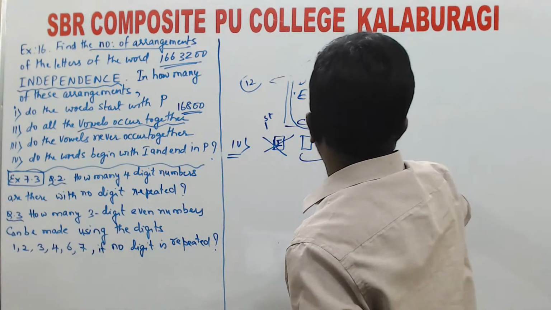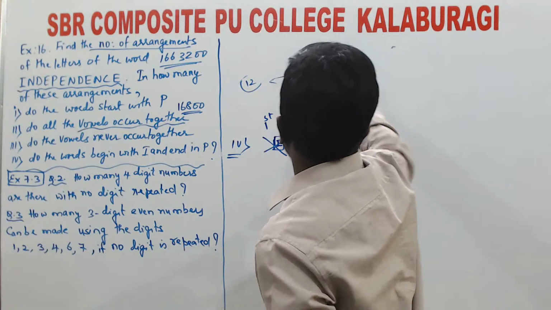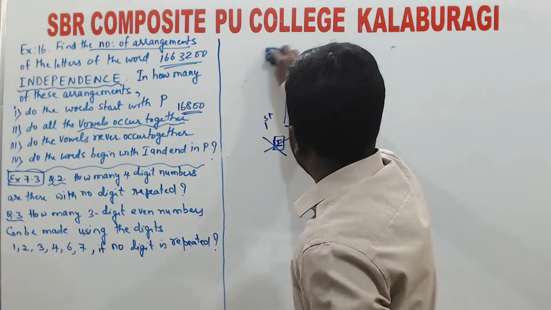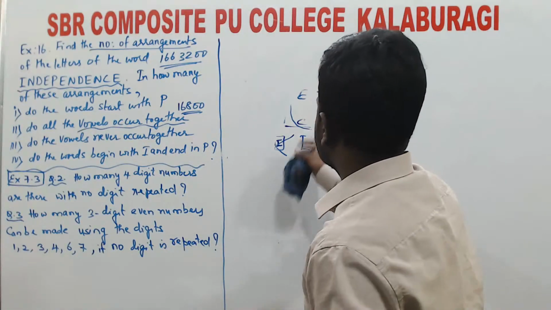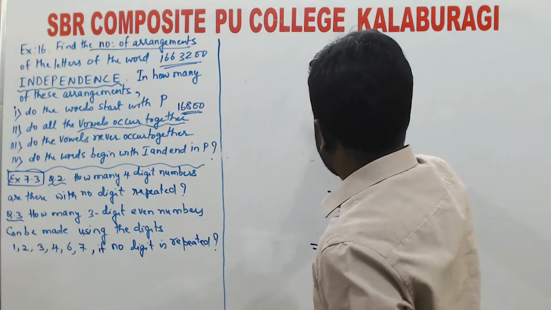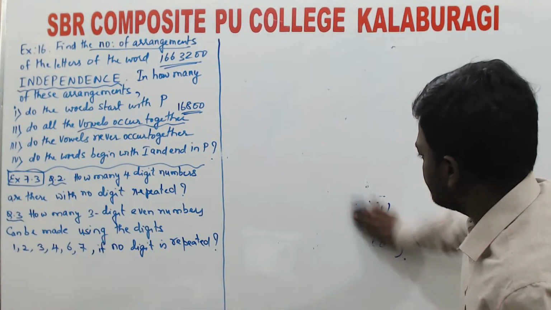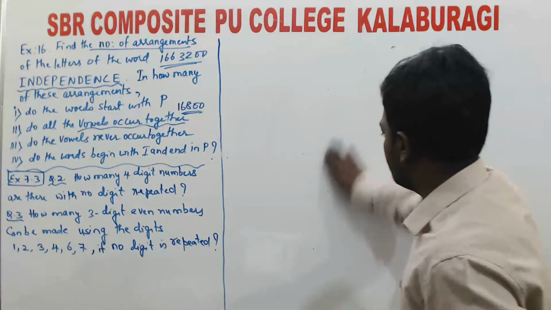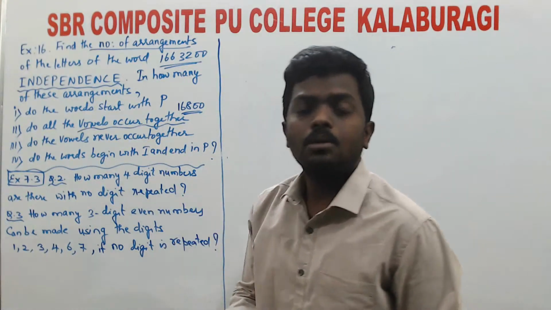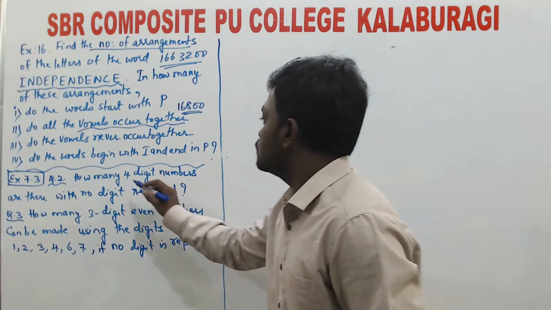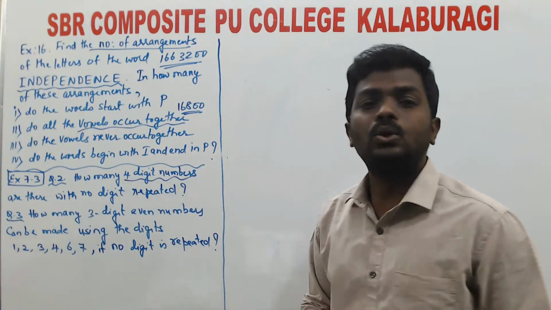The first one we already solved yesterday. Looking at question number 2, you may ask, sir, you have told us to make 4-digit numbers, but you haven't told us which digits to use.